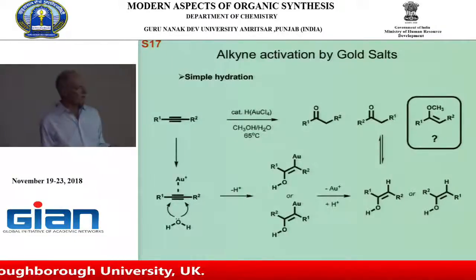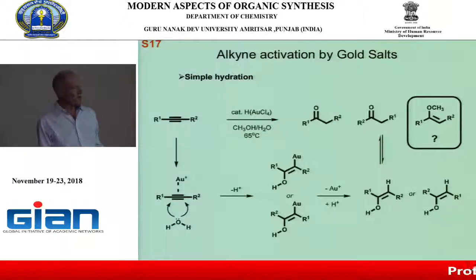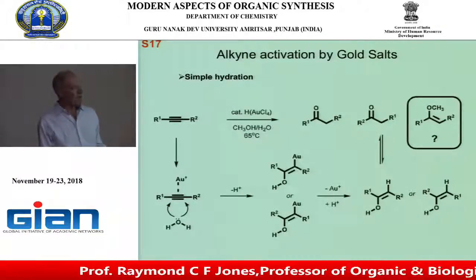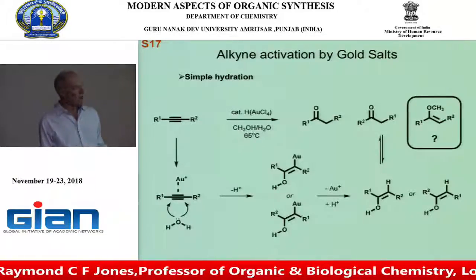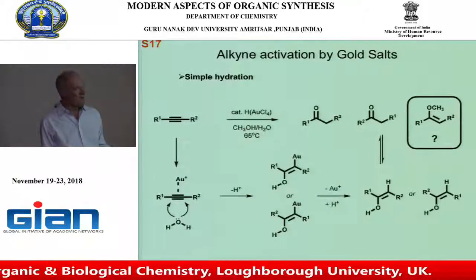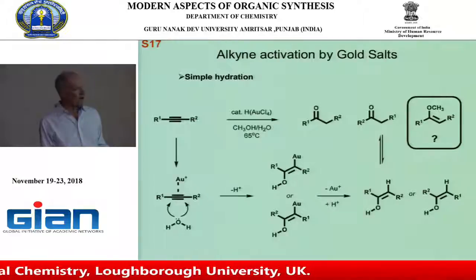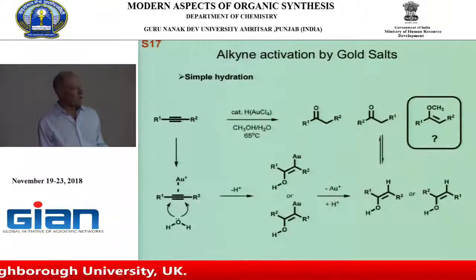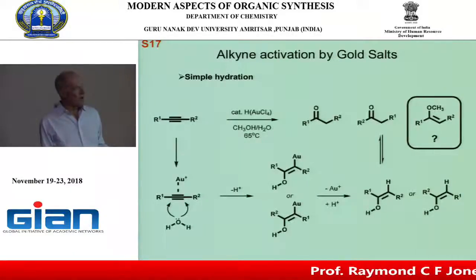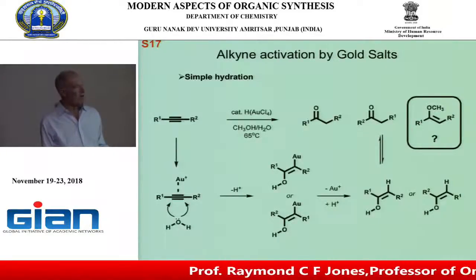So you could get one of two different hydroxy adducts, and of course this adduct is an enol, or a gold derivative of an enol. If you protonate with loss of gold, then you would put a proton where the gold was, so you've overall added water, although you're going to lose that geometry shortly, in one or other of the regiochemistries.